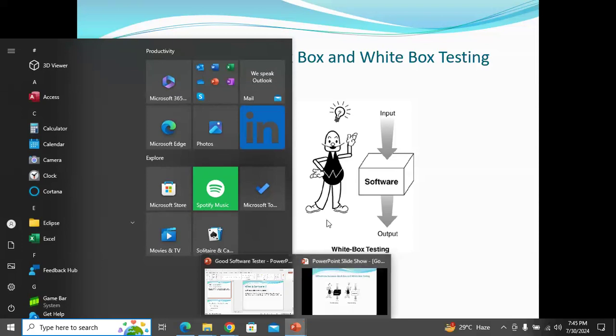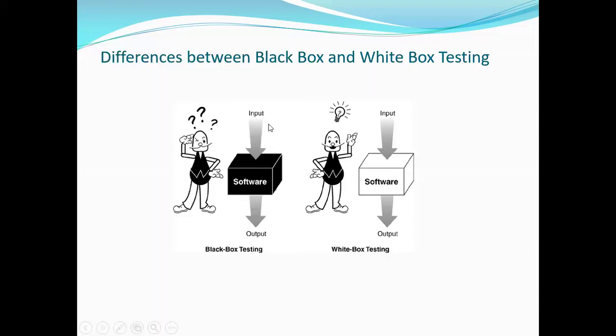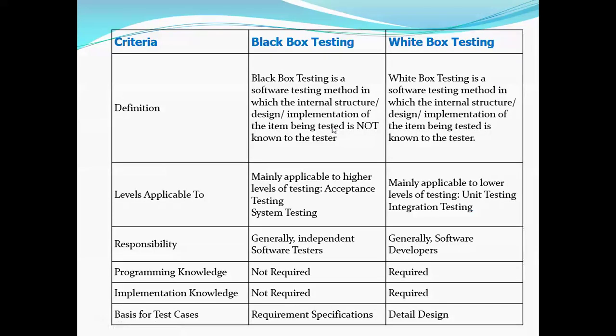Based on the requirement. You are giving some input and you are getting some output. Whether this output is correct or not, how will you confirm? Based on the requirement. If you observe the developer, he knows his output. He is giving that input and he also knows his output, and he is always checking whether his logic is working properly or not. So this is mainly the difference between the tester and developer.